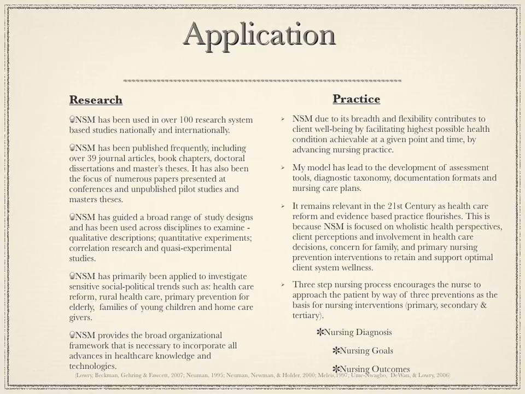It guides a broad range of studies and has been designed to be used across disciplines to examine qualitative, quantitative, correlative, and quasi-experimental studies. It primarily has been applied to investigate sensitive social political trends, such as healthcare reform, rural healthcare, primary prevention for elderly, families of young children, and home caregivers.